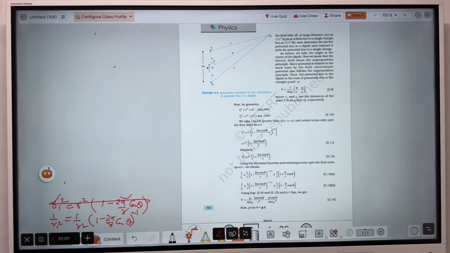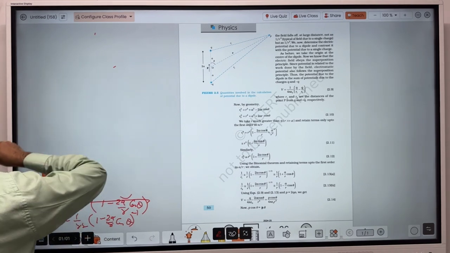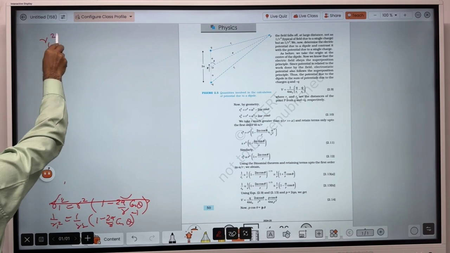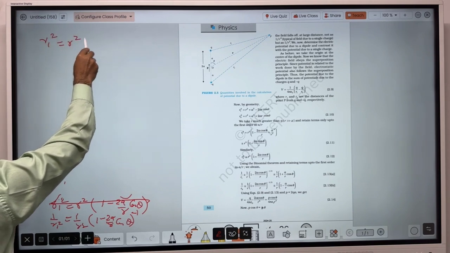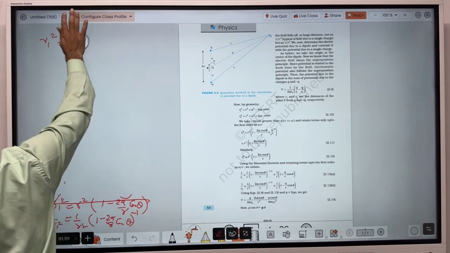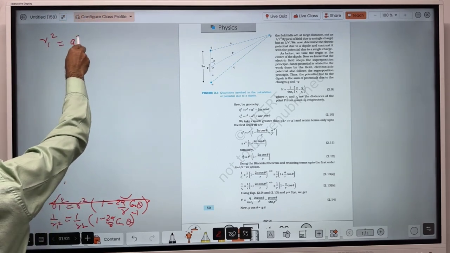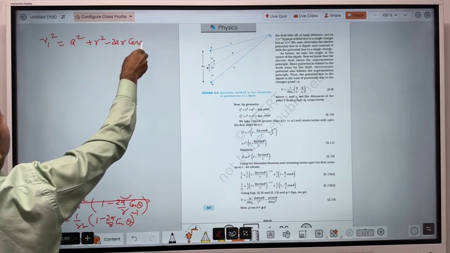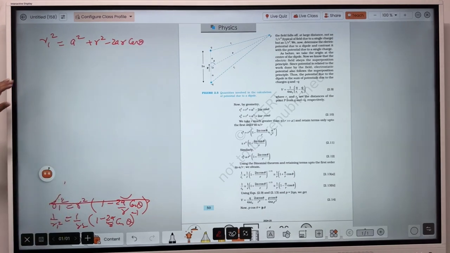So we are here. I'm rewriting the expression r1 square equal to r square times, or before it was a square plus r square minus 2ar cos theta. What I have done, I have taken r square outside.